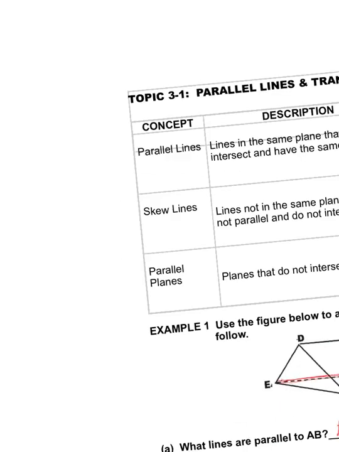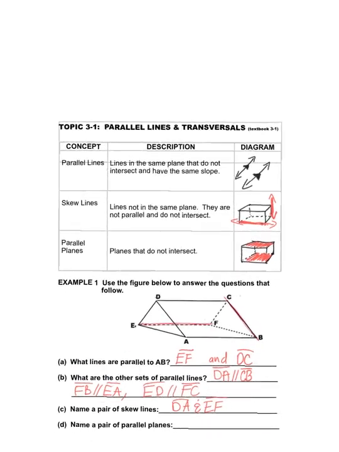Those are not in the same plane, and they are not parallel, and they will not intersect. Next, it says name a pair of parallel planes. I only see one set of parallel planes, and those are EDA and FCB. So those are my two planes there that would be considered parallel.